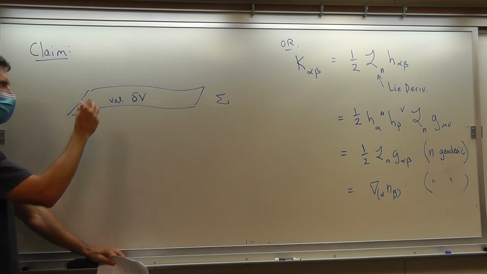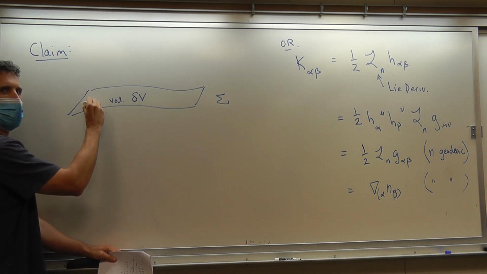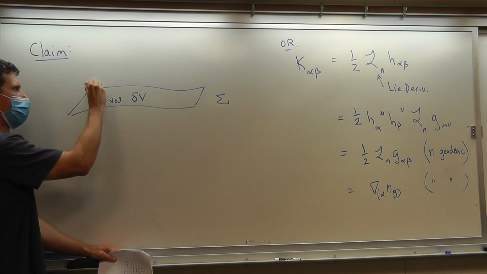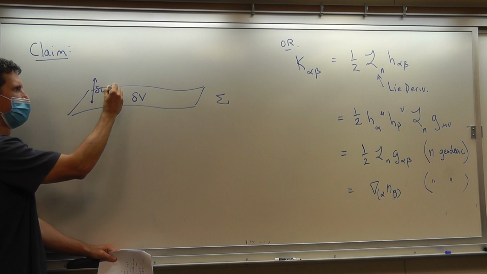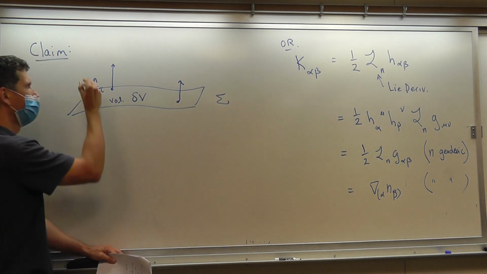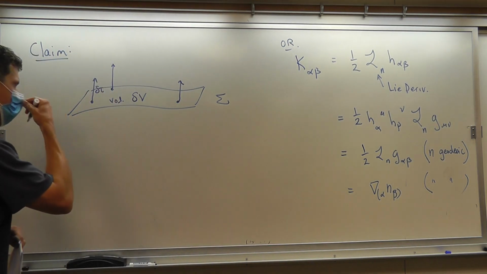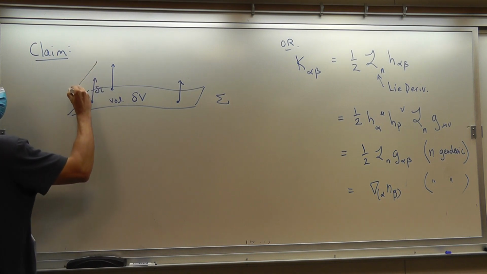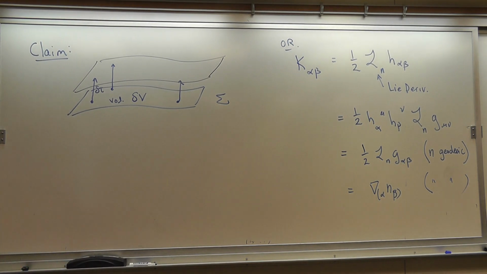At each point on the manifold, you follow a geodesic along the normal. So you head out along the normal for a time δτ on each point on the manifold. You do that here, do it there, do it over here, etc. And that gives you a little bit later a new manifold. So at each point we've just gone forward in time by an amount of proper time δτ.